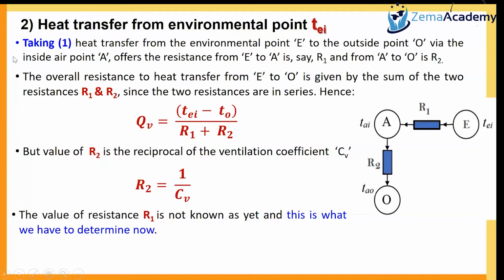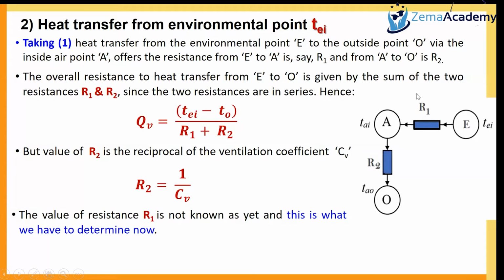Now, coming to this diagram, you can see that I have altered it. Earlier it was just this part of the diagram. Now I have added this E node. Why? Because just now I told you that heat addition could also be at the environmental point. And when we have any heat addition at the environmental point, it has two paths.